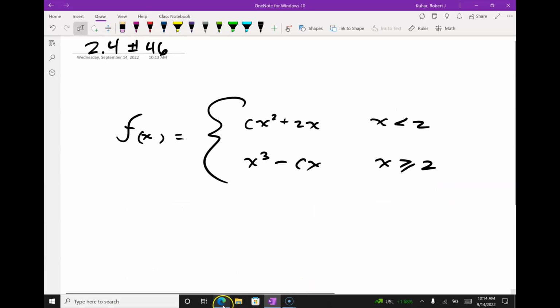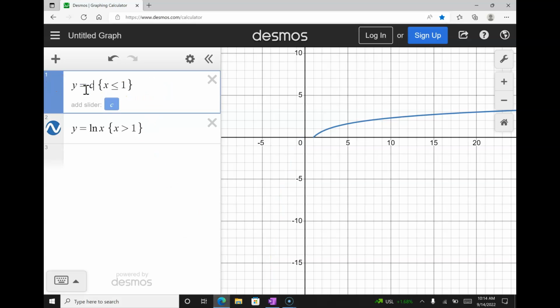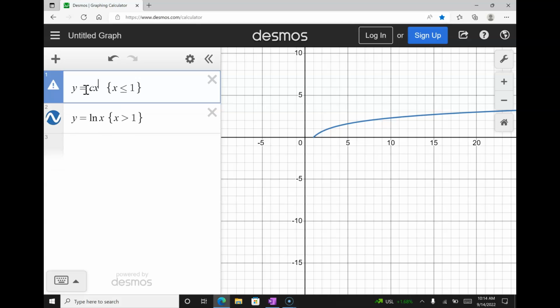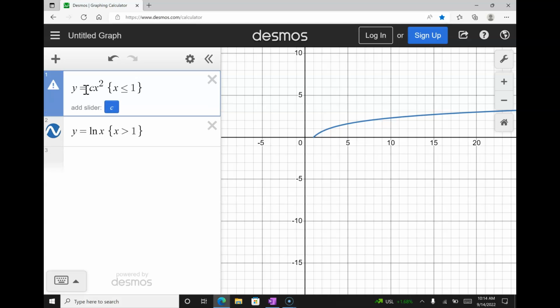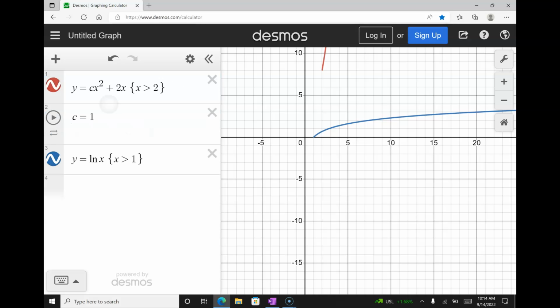So let me put this into Desmos first. cx squared plus 2x for x greater than 2, add slider c.